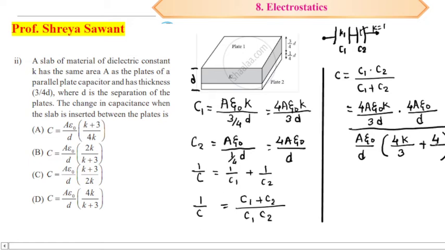If we do cross multiplication, we get the same. Here A epsilon 0 upon D appears twice, so it becomes a square, and the square cancels with the denominator. So 4 fours are 16, 16 divided by 3, and A epsilon 0 K divided by D. In the denominator, with the same base, 4K plus 4 threes are 12, divided by 3.